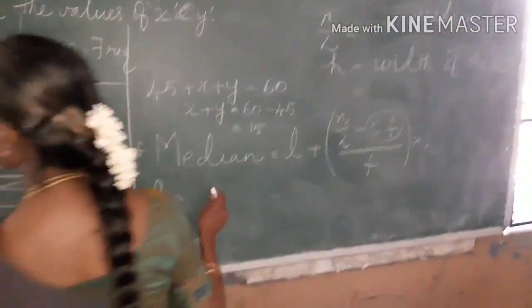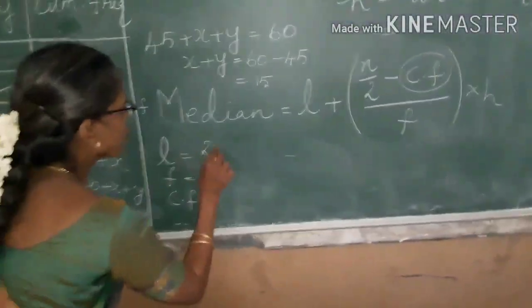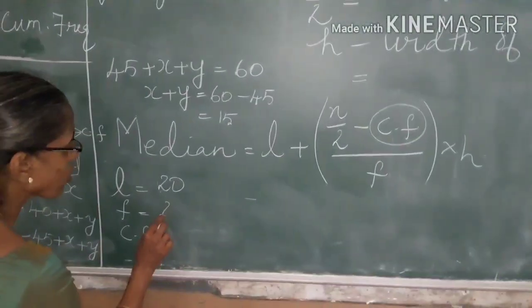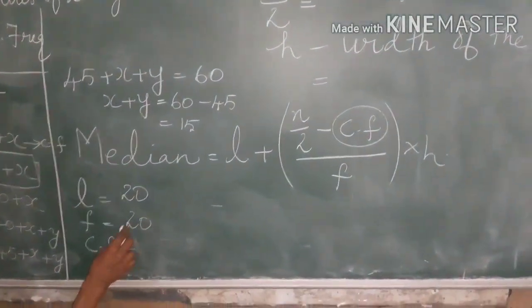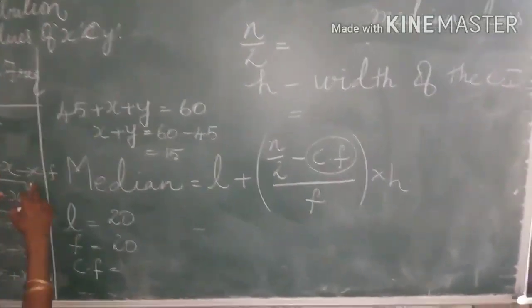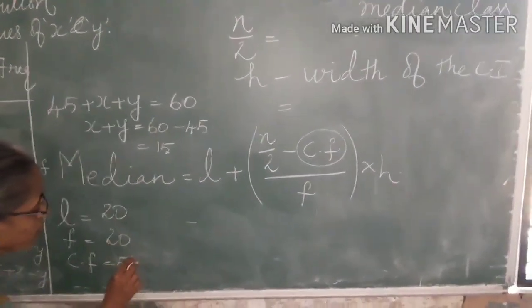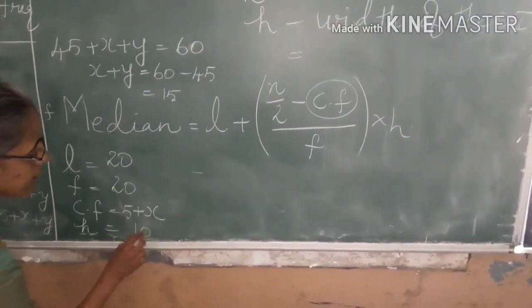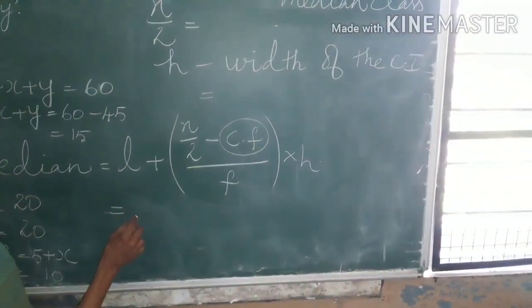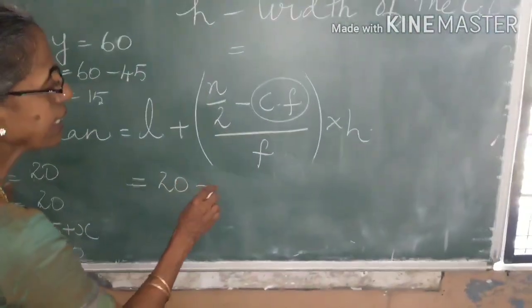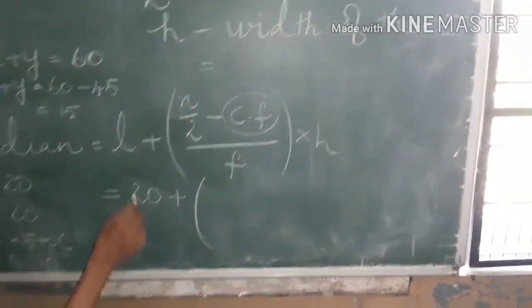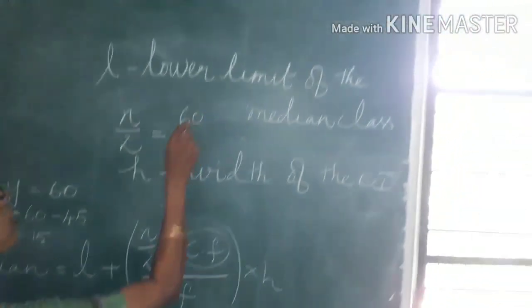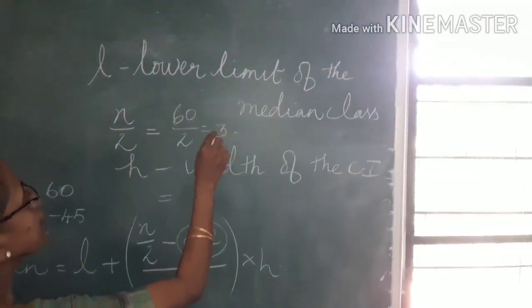Substitute. So now what is L here? L is 20. Frequency is also 20. CF is the cumulative frequency of the preceding median class, which is 5 plus x. The width of the class interval h is 10. Now easily you can substitute. 20 plus, what is n by 2? 60 divided by 2, which is equal to 30.